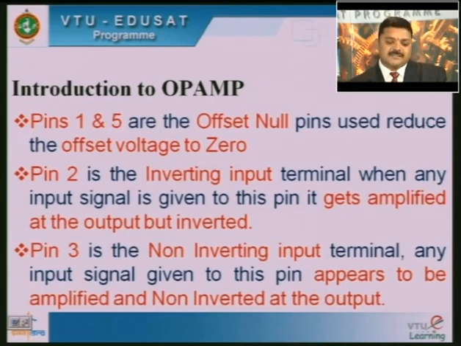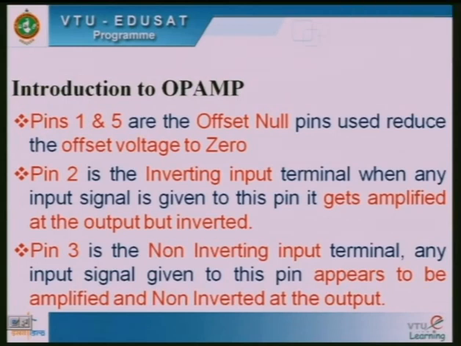It is like magic. So when we give no input signals, even then there will be an output voltage which is called offset voltage. So before using this device, in order to avoid erroneous results, we need to reduce this to 0 volts.